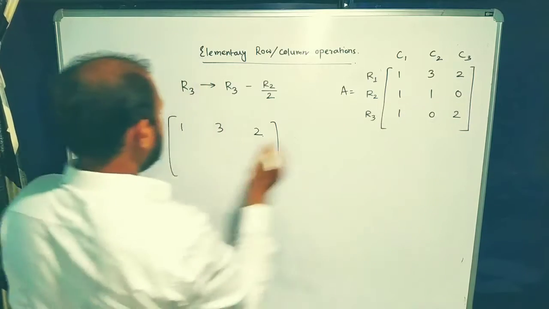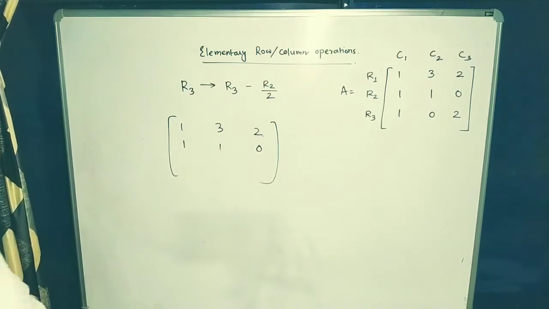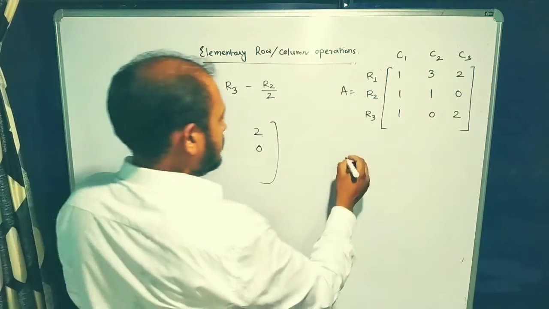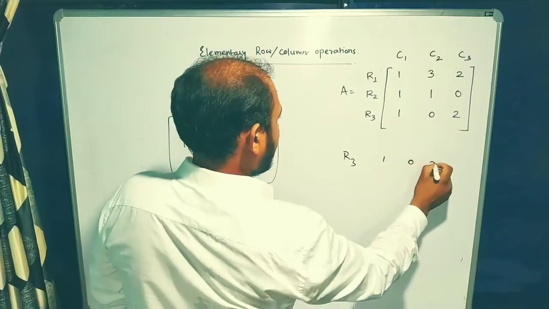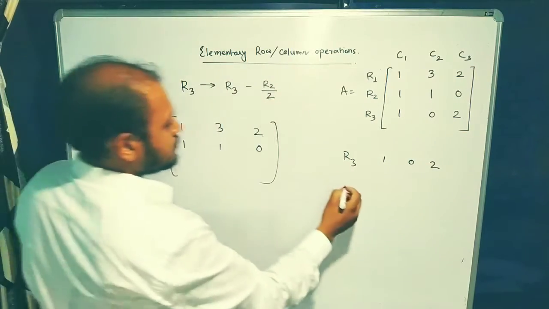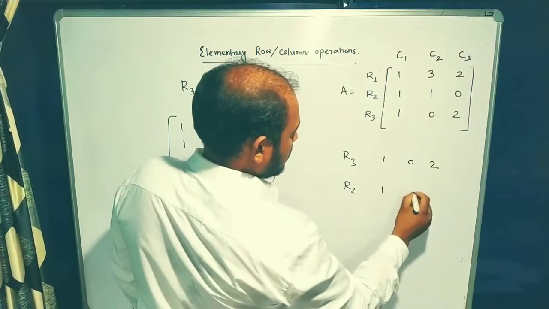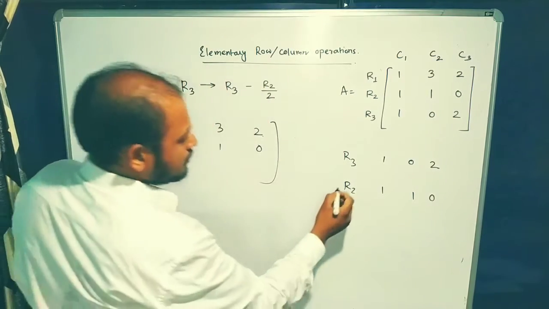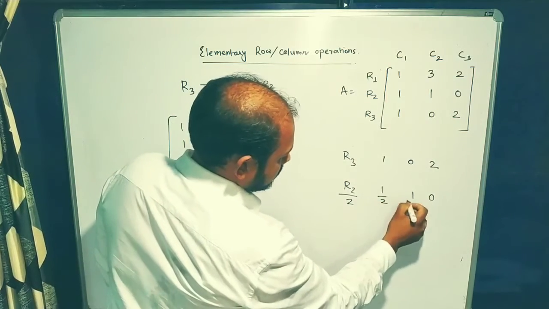Second row is 1, 1, 0, it will remain the same, and only the third row is getting changed. So we have third row as 1, 0, 2, and we have R2 by 2. So let's first of all write R2. R2 is 1, 1, 0, and R2 by 2 is each and every number gets divided by 2.